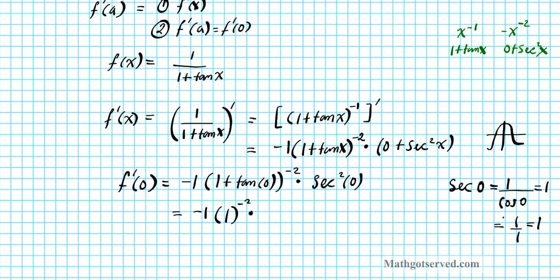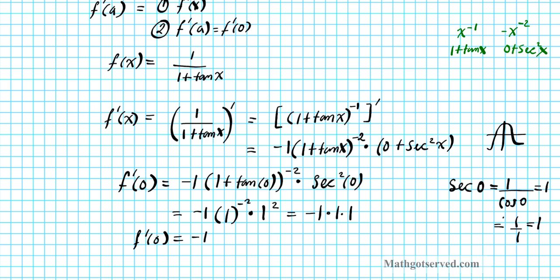So we have this times 1 squared, since we're squaring secant. If you simplify this, you will have negative 1 times 1 times 1. Okay? The reciprocal of 1 is 1. When you square it, you just get 1. All right, so now we have our slope, f prime of 0 is negative 1.